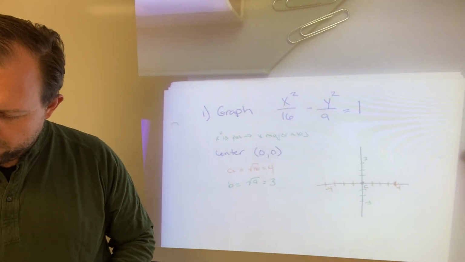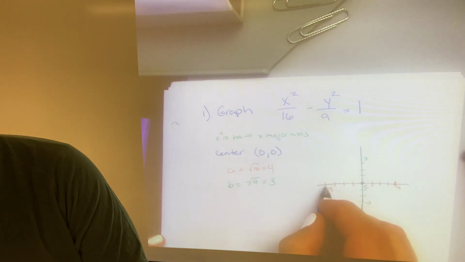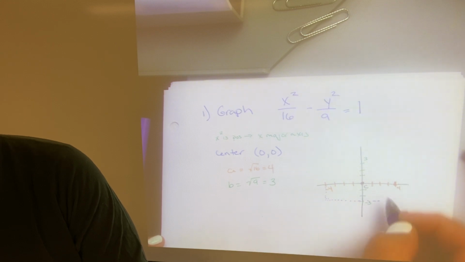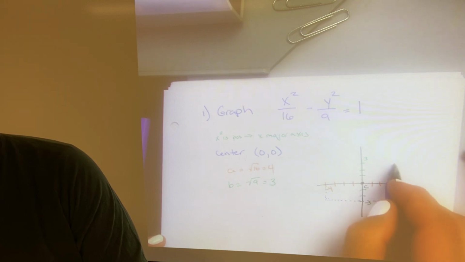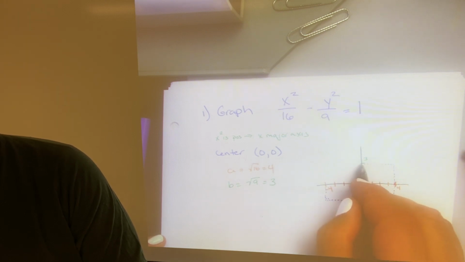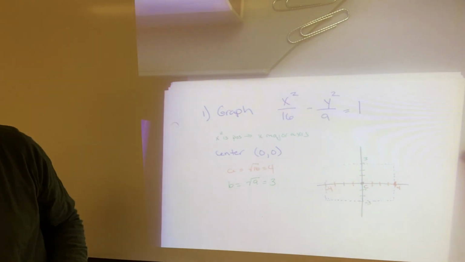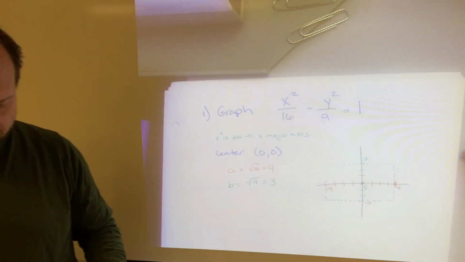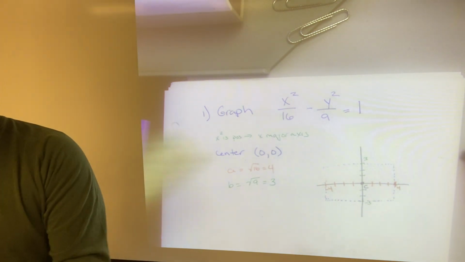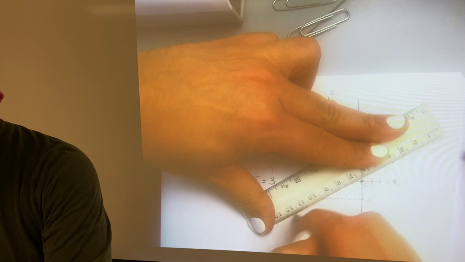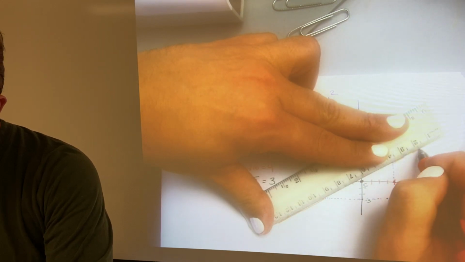And so that all is going to create this rectangle. If you drew your scale as poorly as I did, it's not quite a perfect one, but it'll get the job done. The asymptotes, draw them in, coming off the corners.